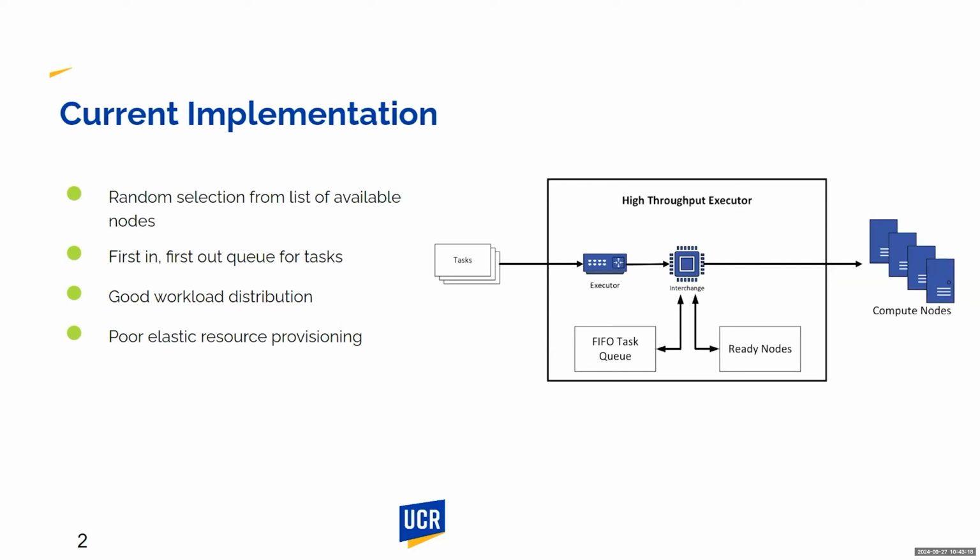Parsl is very good at scaling up, as long as resources are available and the user specifies that they can be used. But once it scales up, it can't scale down, which causes a problem for resource utilization and saving costs on your workloads.